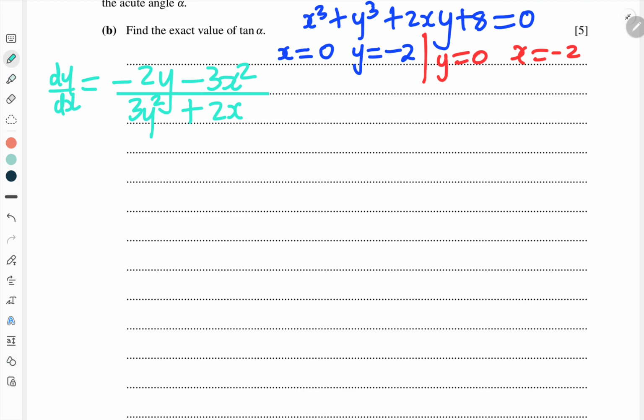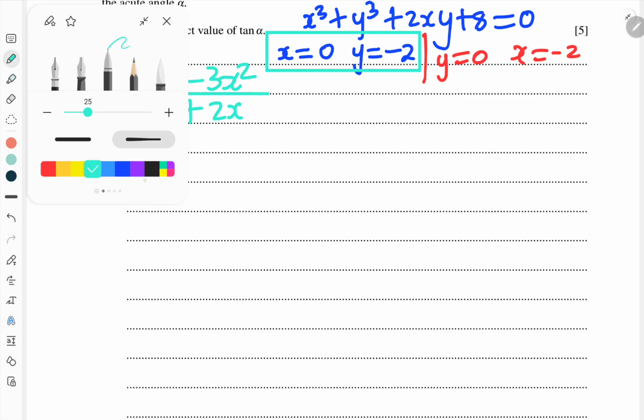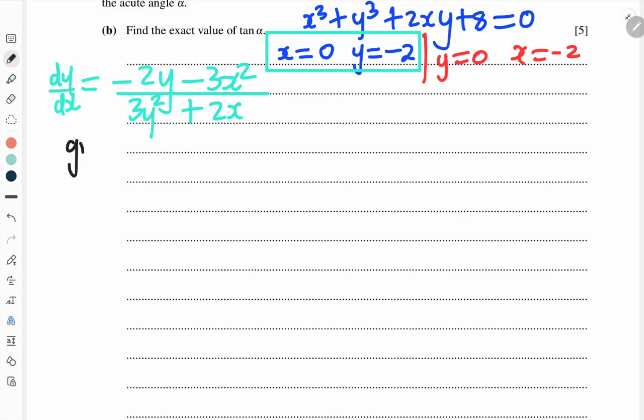So let us substitute our first set of coordinates. X is 0, y is -2. We substitute here into dy/dx. That's going to give us a gradient of how much? X is gone, 0. Then we substitute y is -2. That will give us 1/3.